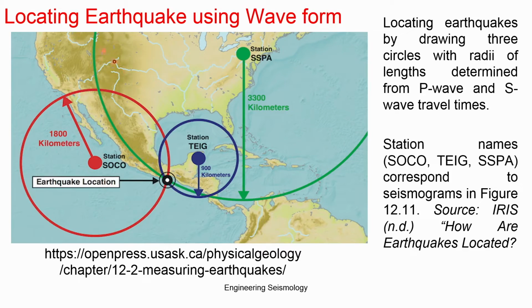Then you draw a circle of that distance radius. Finally, where all these circles meet is called the epicenter location. When you have three stations, coupled with four and five stations, you can also get depth perception, that is the depth of the earthquake. So you can get the epicentral distance, the location of the earthquake, and then the hypocentral location. All these things are possible using the waveform data you get.